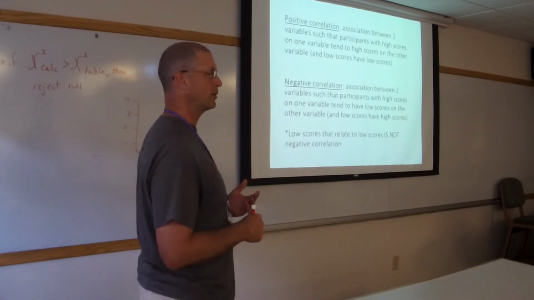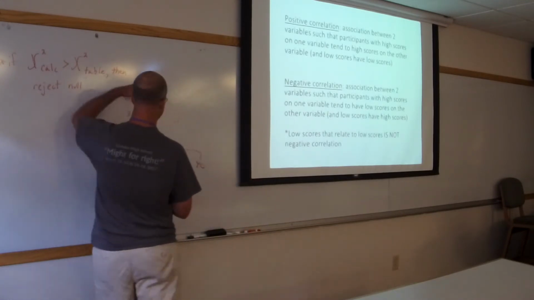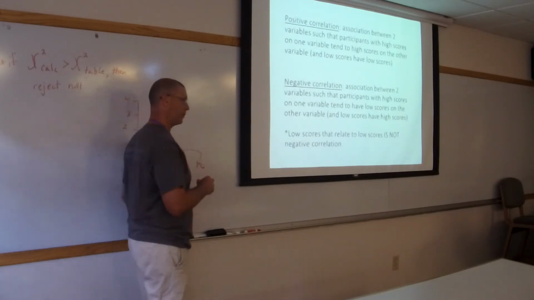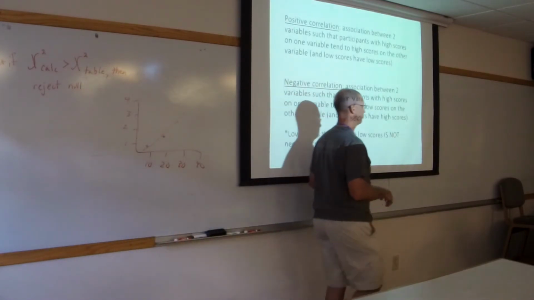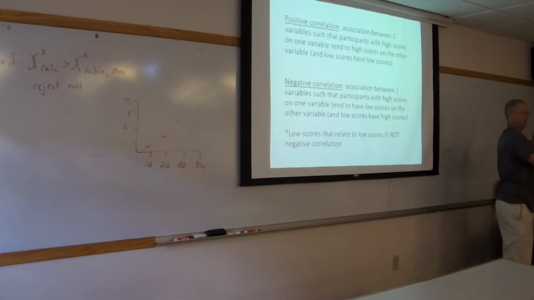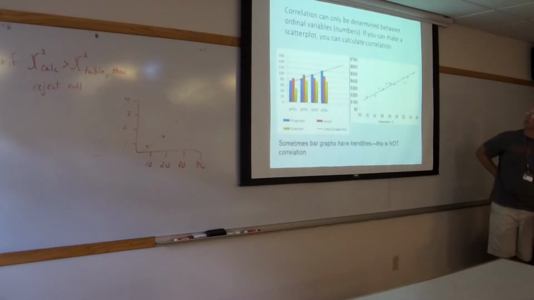So negative correlation would be as one of the scores gets bigger, the other one gets smaller, or you can flip it. And for you, you're going to look at it and see: it's going like this, it's positive. It's going like that, it's negative. And our score will show up on the Excel document.